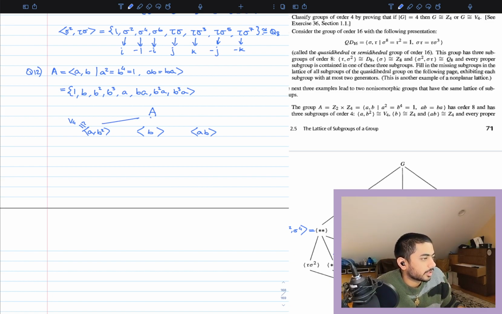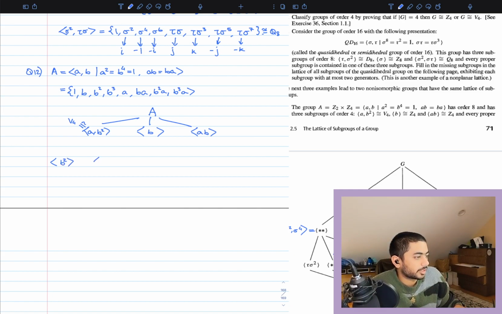So we've got this. Now this guy is a Klein 4 group, which means it's going to have 3 subgroups, each of size 2. So let's put all the size 2 subgroups on this line here. So there's going to be something generated by B squared.